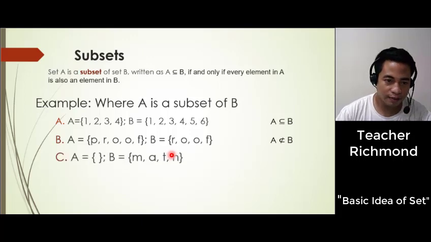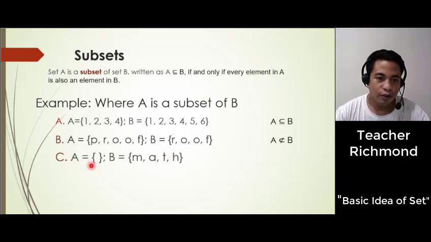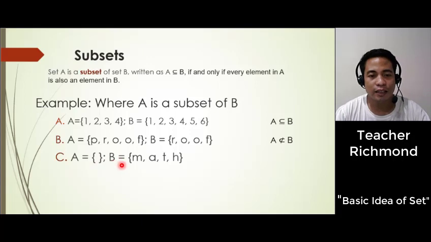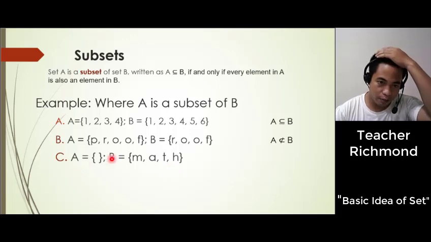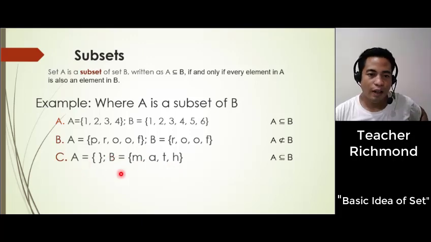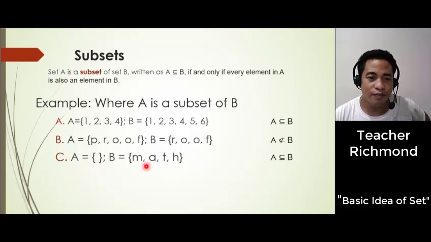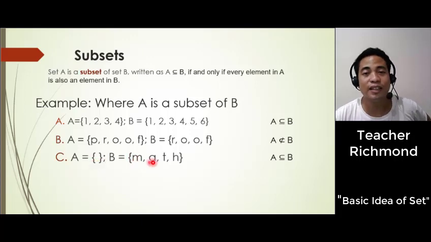What about this one? Letter C. Set A, which is an empty set. Set B, having the elements M, A, T, H. Is A a subset of set B? Yes. Now, you might ask, why is A a subset of B, when in fact there is no element in set A, and there is no element that is present in set B?